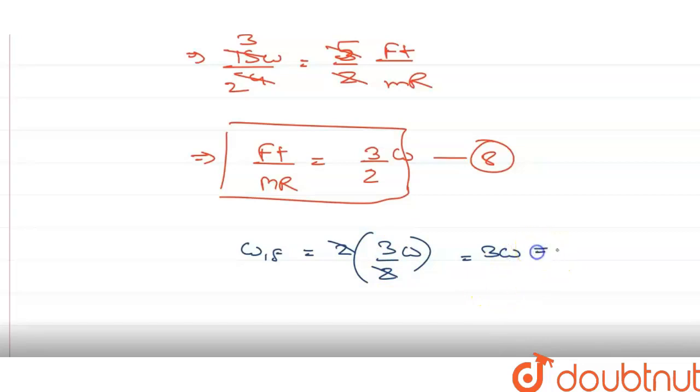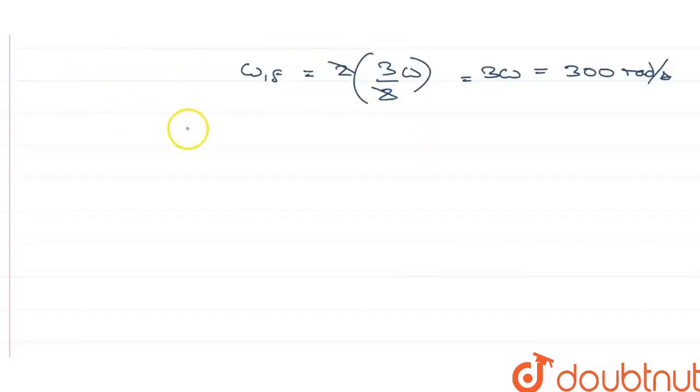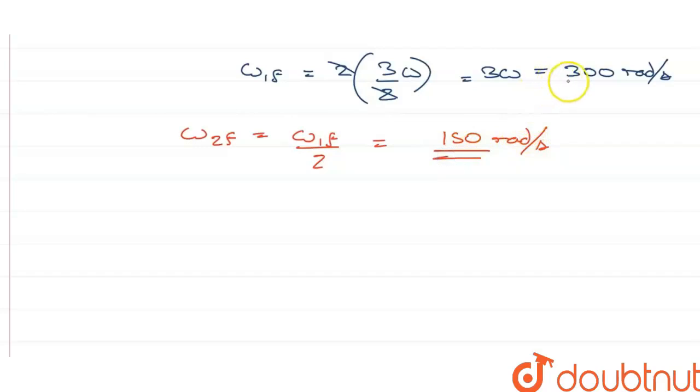And omega was 100 radian per second, so 300 radian per second. And omega 2f is equal to omega 1f by 2, which is 150 radian per second. So the final angular velocities of the cylinders are 300 radian per second and 150 radian per second.